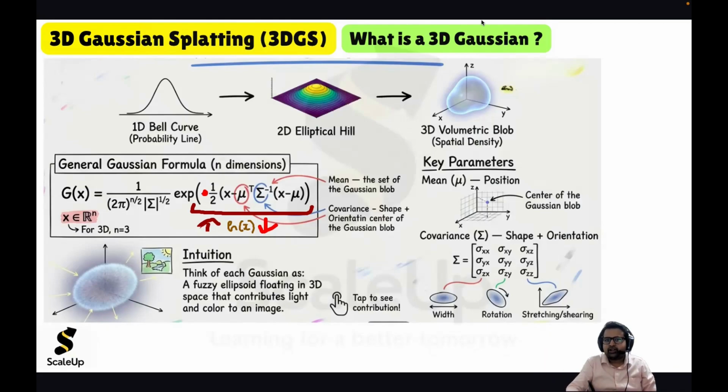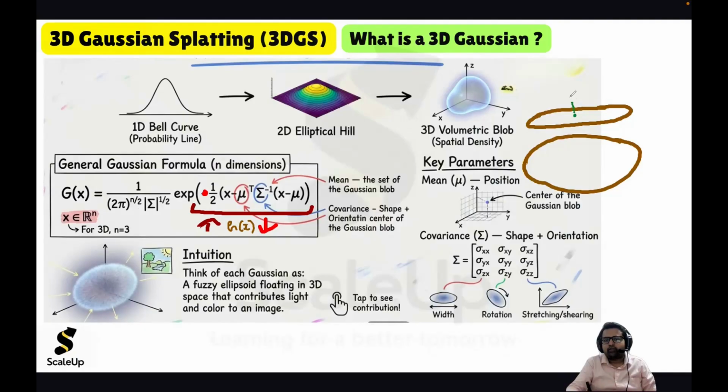It's very easy to understand. Let us suppose I have a thin and sharp 3D Gaussian and I have a spread 3D Gaussian. Now I can make it a bit long, like it is thin and sharp. Now see what will happen here, let us suppose this is the center.